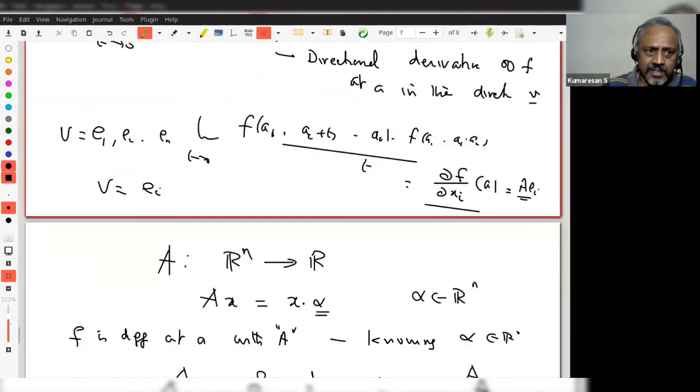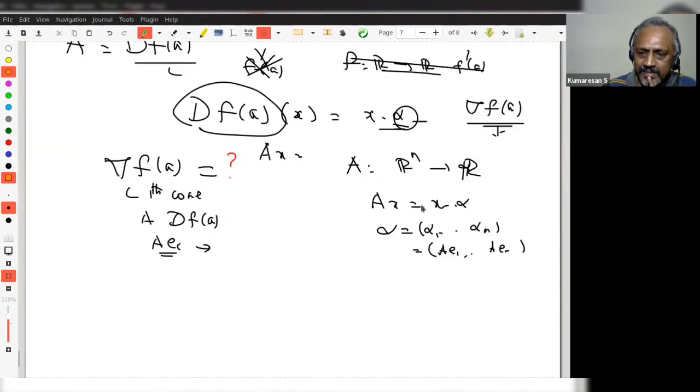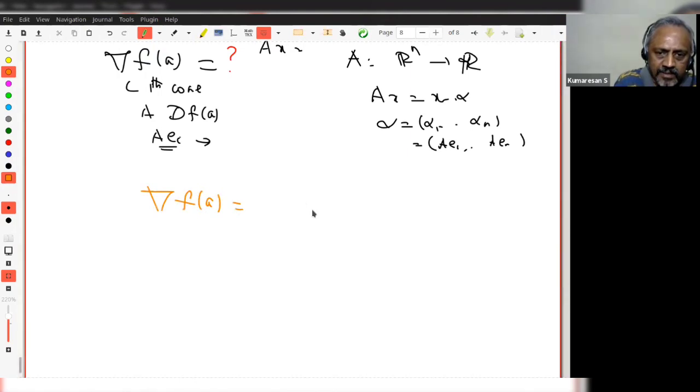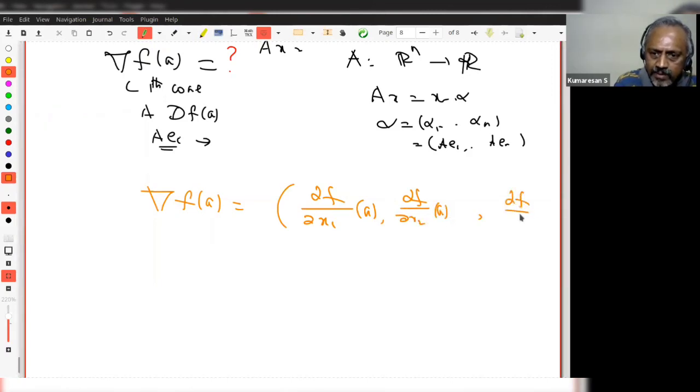That is nothing other than the partial derivative of f at xi, the ith partial derivative. Therefore, the gradient vector del f at a is this vector del f by del x1 at a, del f by del x2 at a, and del f by del xn at a.